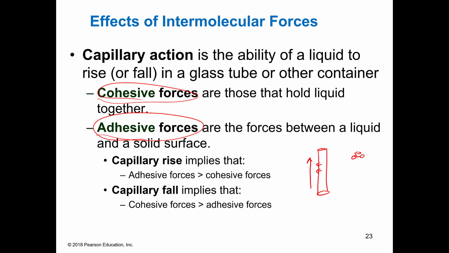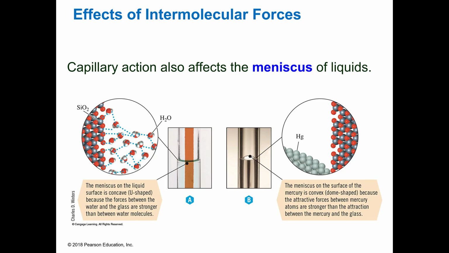You really see this on glass, and in the lab a lot of times you'll see it on glassware. And this is what forms the phenomenon of the meniscus. Because the adhesive forces to the glass from that molecule are stronger than the cohesive forces between the water molecules.